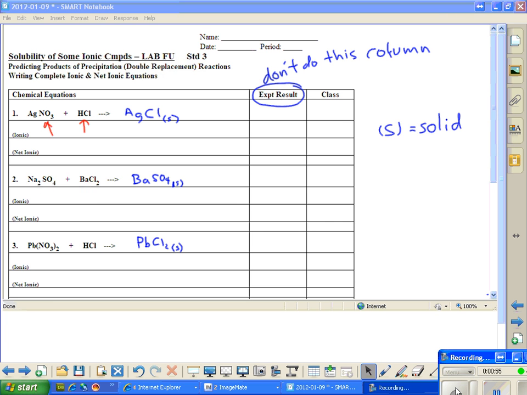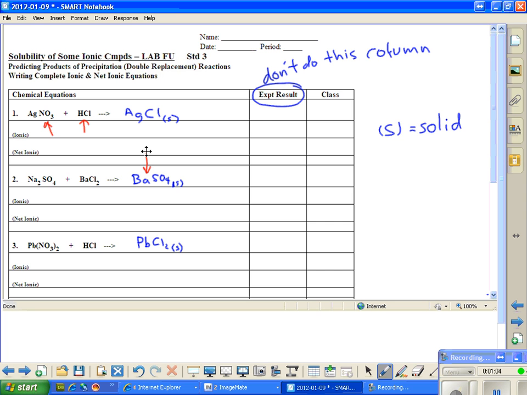In number 2, I have already written for you barium sulfate, which is this guy right here, and I've indicated a little subscript, an (s). That S stands for solid. The solid means that it's going to form a precipitate.